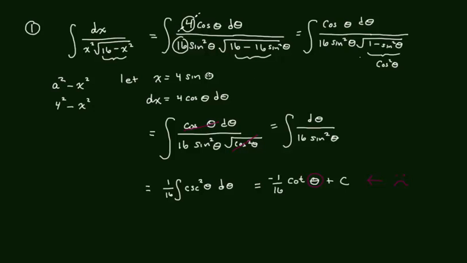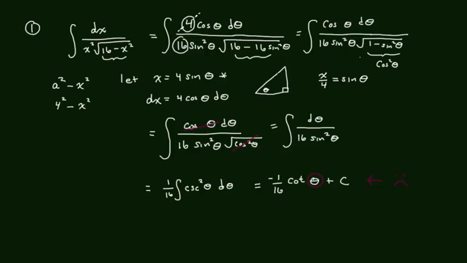All right, let's come back to where we did our initial substitution. In our initial substitution, we said let x equal 4 sine theta. Another way to write that is x over 4 equals the sine of theta. So I draw a right triangle and I make a theta.